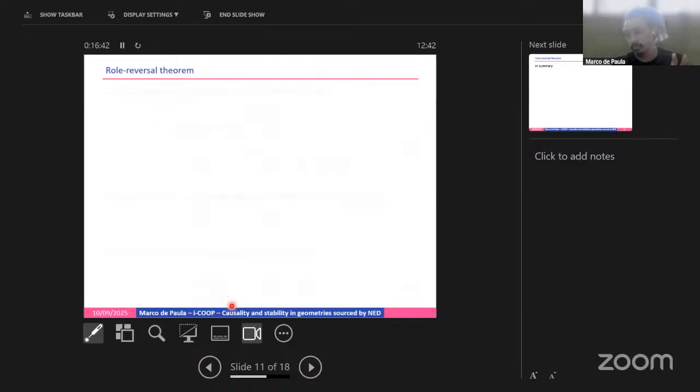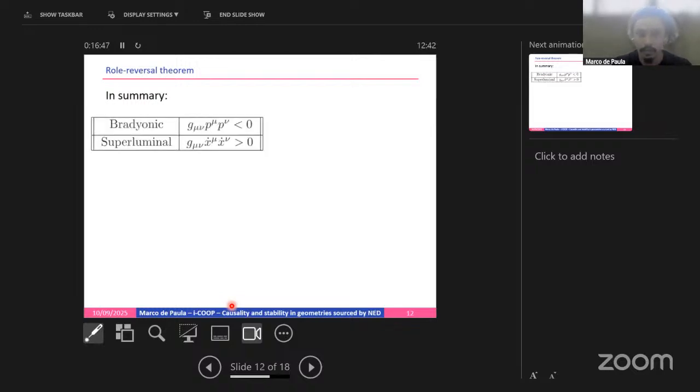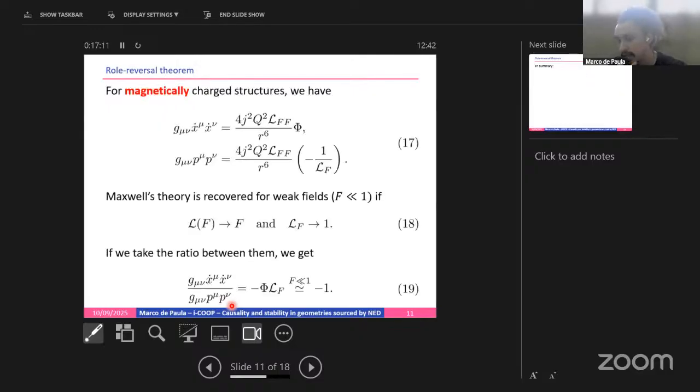So to summarize, for instance, if you have baryonic particles, and baryonic particles are those where the norm of the four-momentum is less than 0, these baryonic particles necessarily must be superluminal in nonlinear electrodynamics because the norm of the four-velocity must be greater than 0. We call this result equation 19.